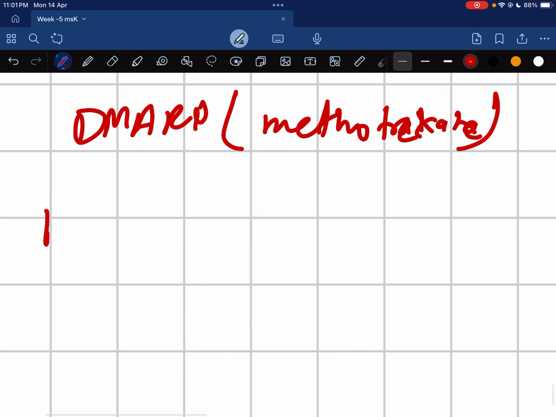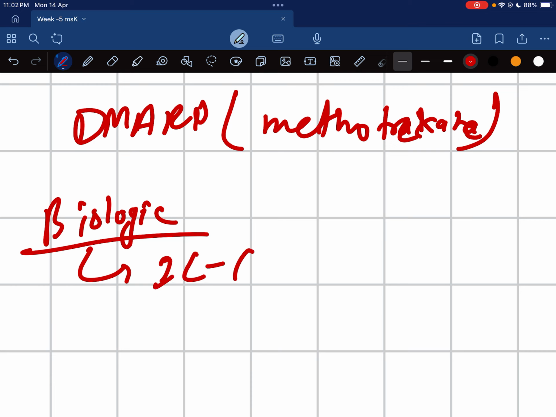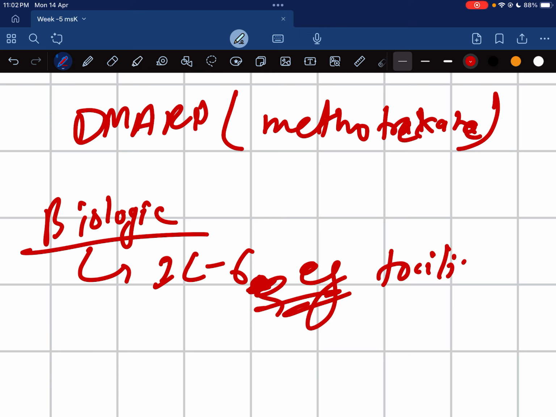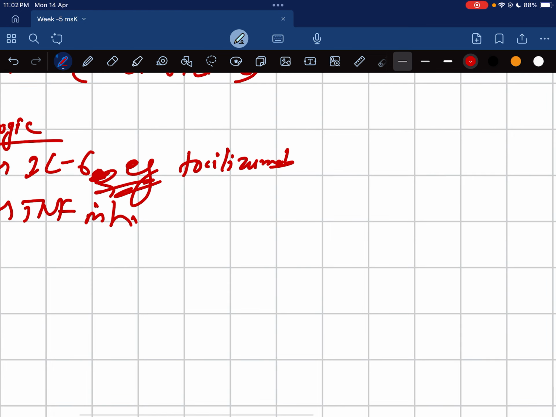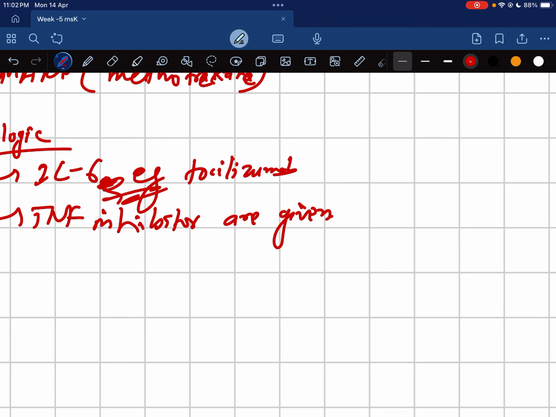And biological agents like interleukin 6 receptor antibody, tocilizumab, and TNF inhibitors are given. This is regarding the treatment.